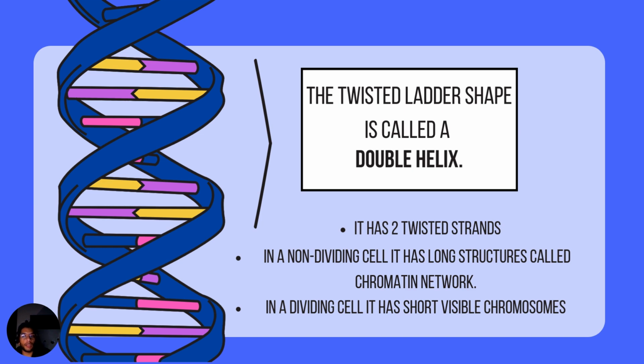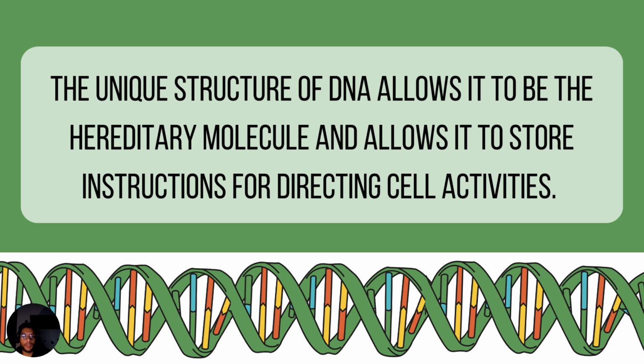Also, a fun fact: within humans, each nucleus contains 46 chromosomes or 23 pairs of chromosomes. Since DNA has this unique double helix structure, it allows it to be the hereditary molecule, and it allows it to store instructions for directing cell activity.